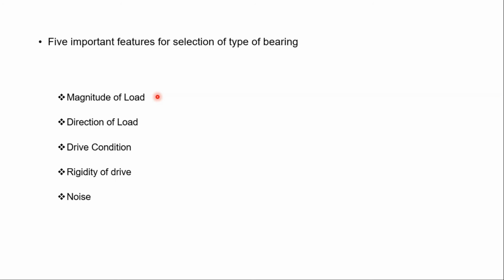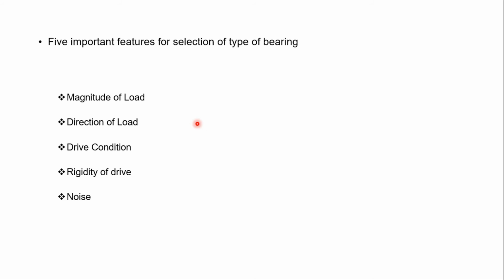If my load is acting in axial direction, then we have to go for thrust bearing. I am talking about this point, direction of load. It is an important criterion to decide the selection of bearing.